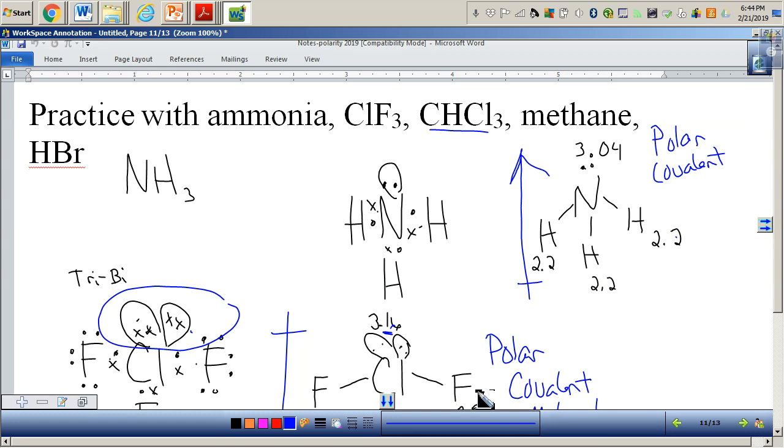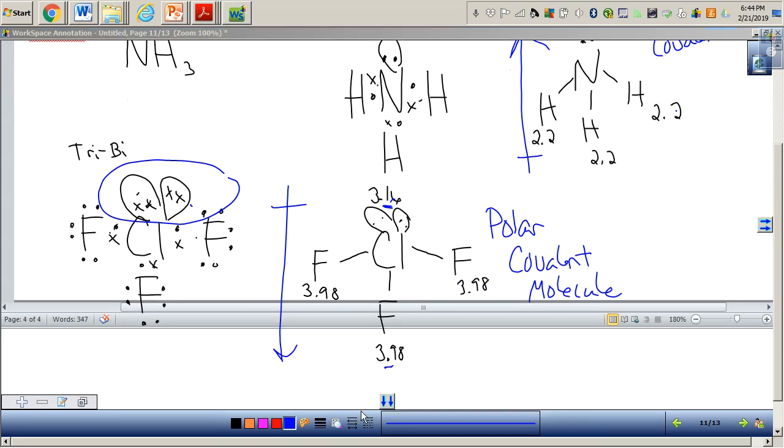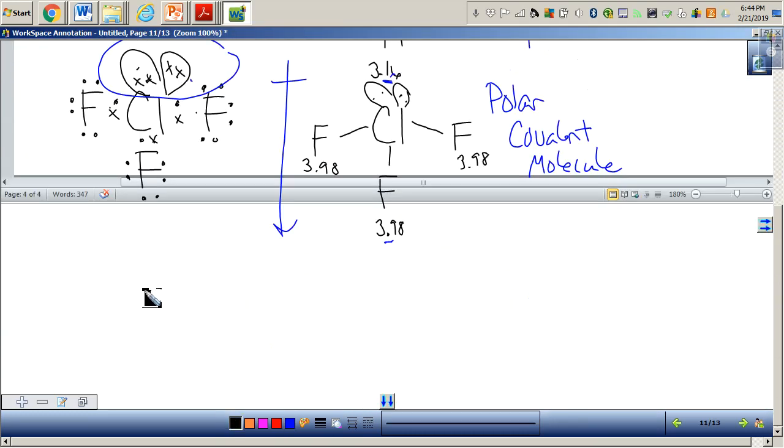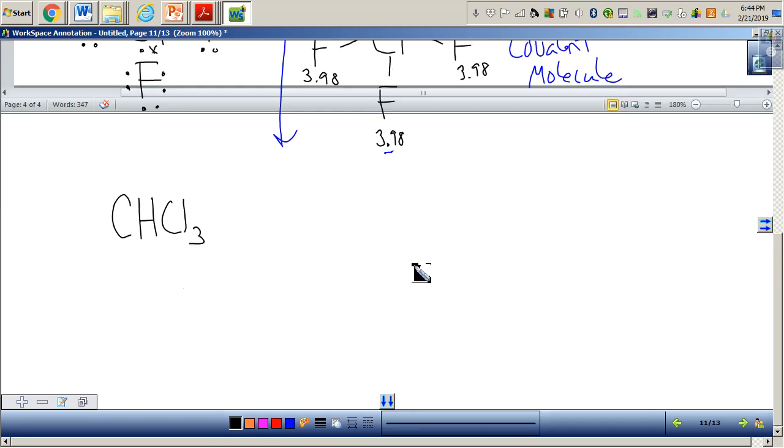Our next one is CHCl3. Carbon always goes in the middle. This is 1 carbon, 1 hydrogen, 3 chlorine. Make it like a cross. Hydrogen will never go in between anything because hydrogen has just 1 bond, no lone pairs.